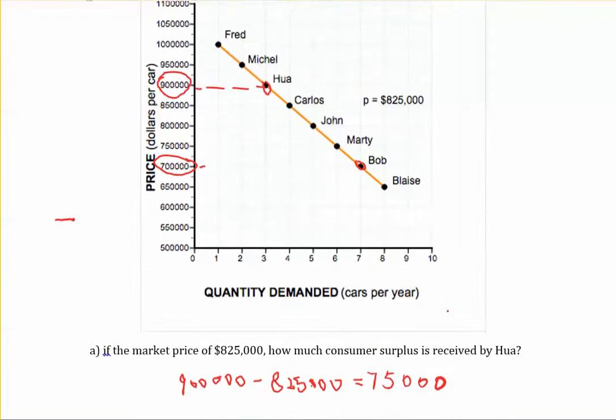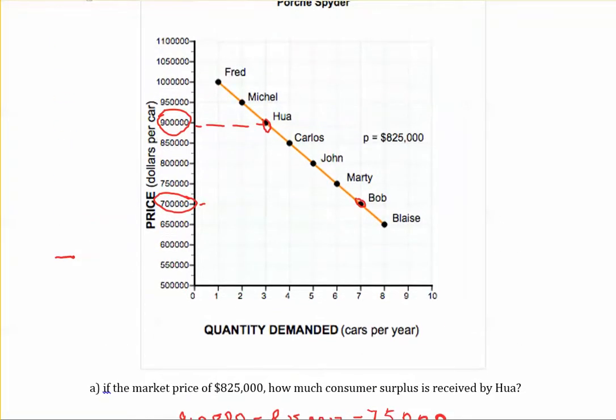So now let's go back to look at the graph. First, let's find $800,000. So it's here. Then you can start to draw a horizontal line. Any people no lower than this line will be able to buy the car.